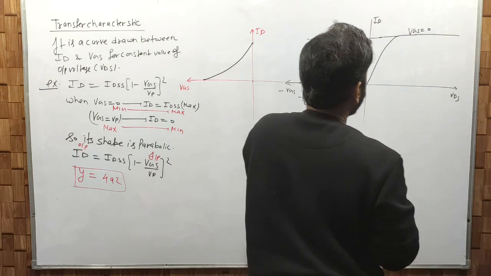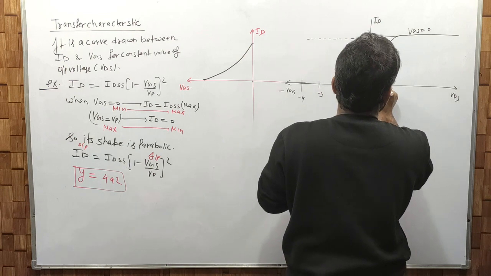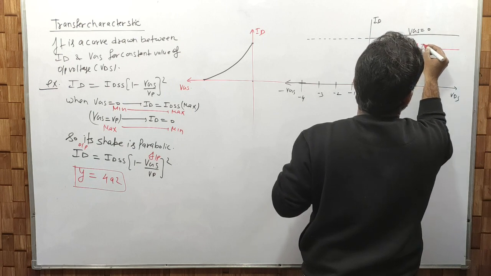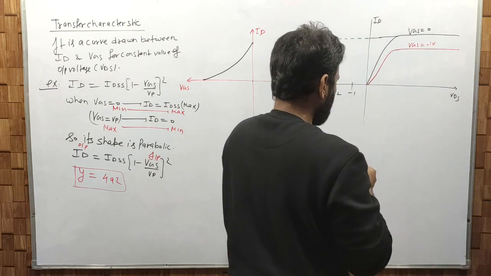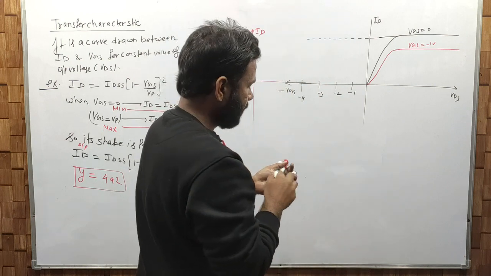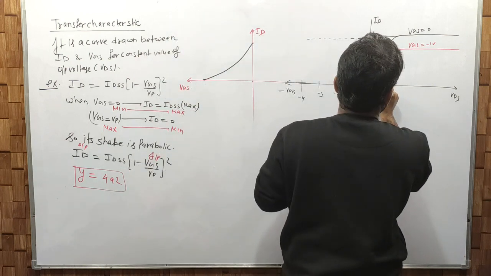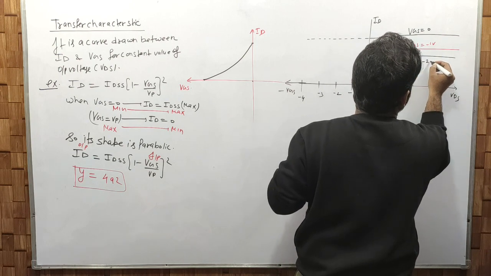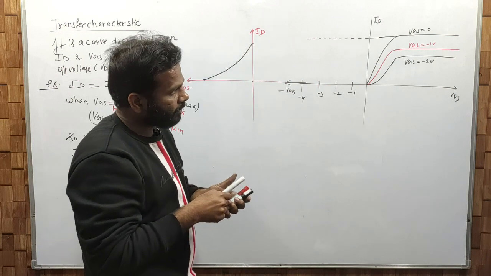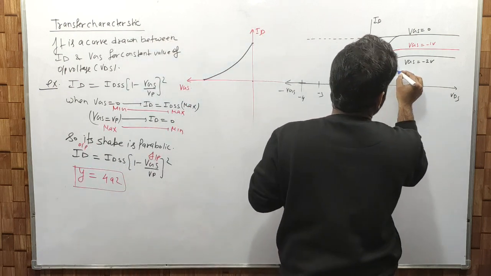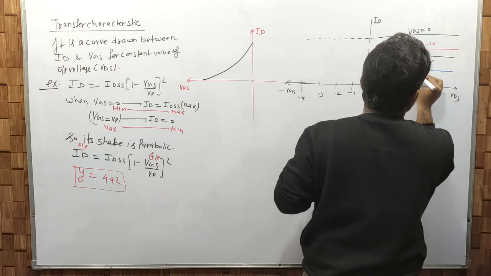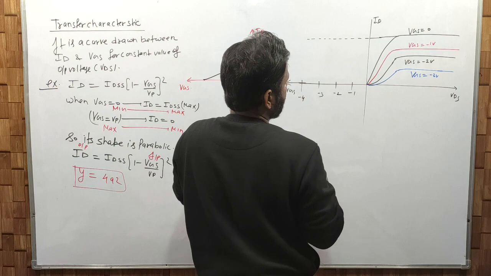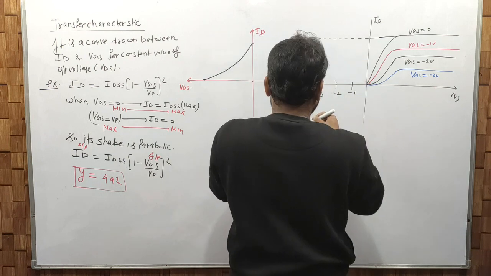Now if I apply VGS, then the curve is like that. Suppose when VGS is -1 volt. Then VGS is -2 volt, and further we have VGS of -3 volt. Then corresponding to these curves, we have different lines also.